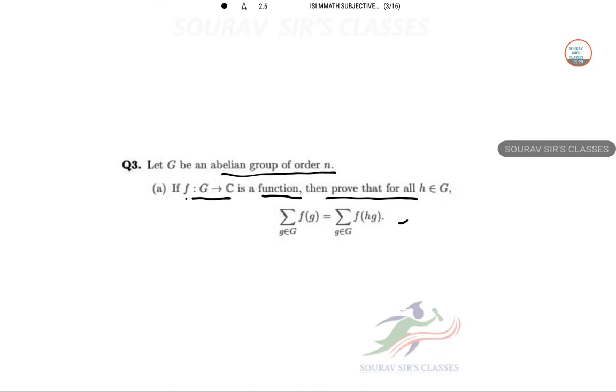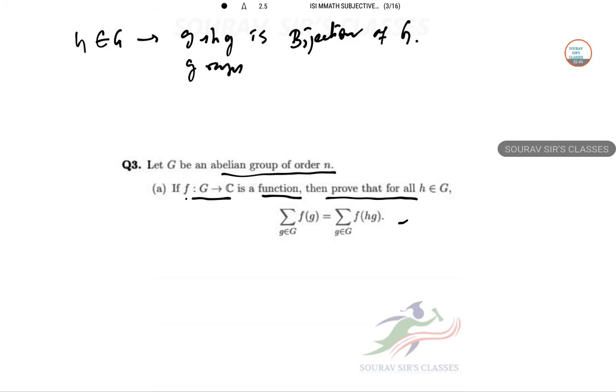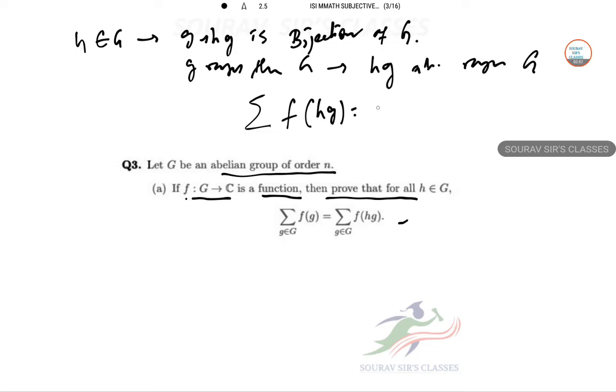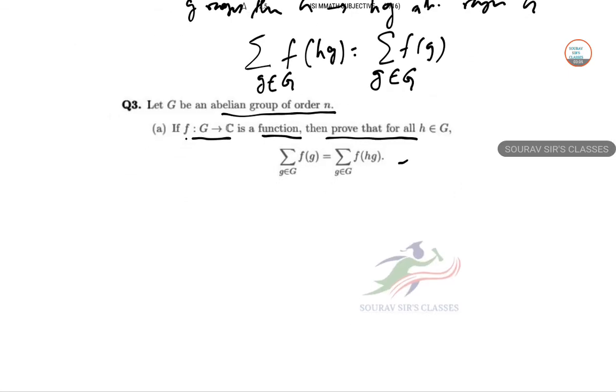For h belongs to G, the mapping g to hg is a bijection of G. So when g ranges through G, the product hg also ranges through G. Now we can write the summation of f(hg) equal to the summation of f(g), where g belongs to capital G, and here also in the limit g belongs to capital G. So hence directly that's the answer.